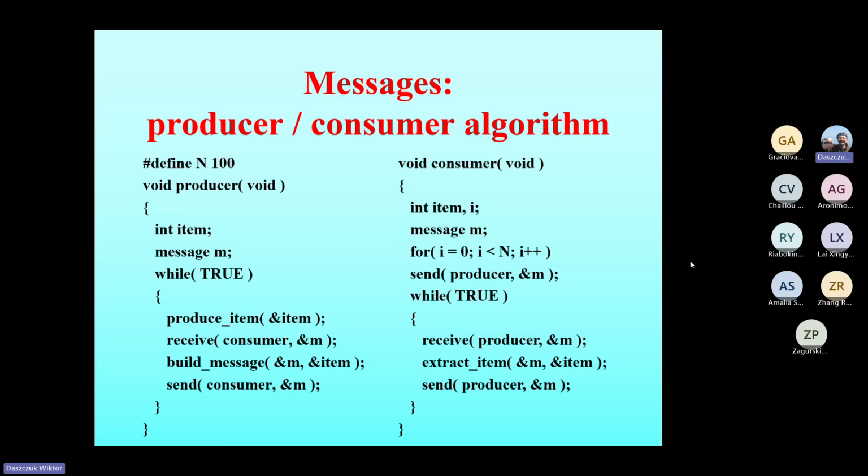So it sends n empty messages to the producer. And in an infinite loop, the consumer receives a message from the producer, extracts an item from the message, and sends back the message to the producer.